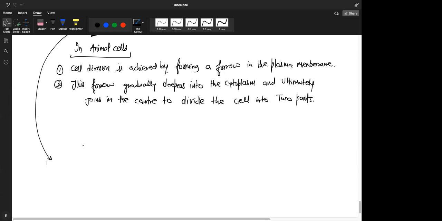We do not have the enzyme called cellulase that is present in cows, goats, and all the cattle that graze on grass. So cellulose is a tough polymer which cannot be broken easily. So that's why this pinching is not possible. So it's inside-out wall formation.